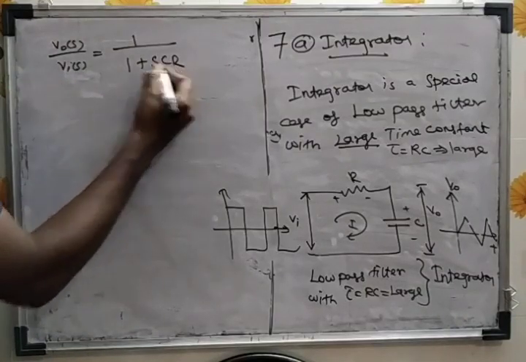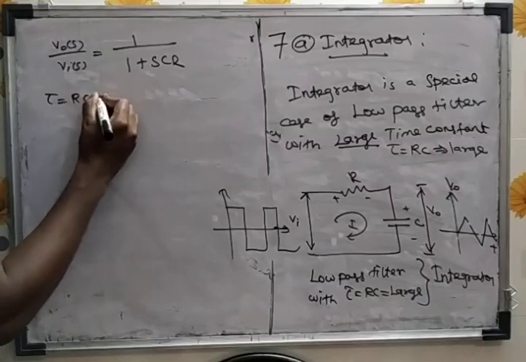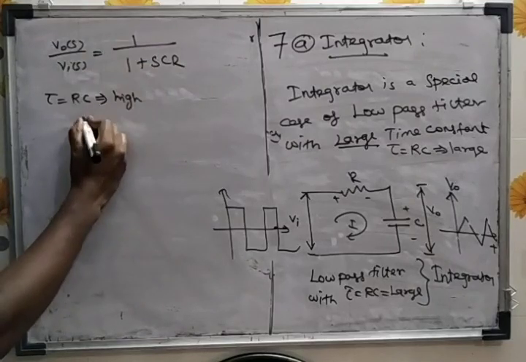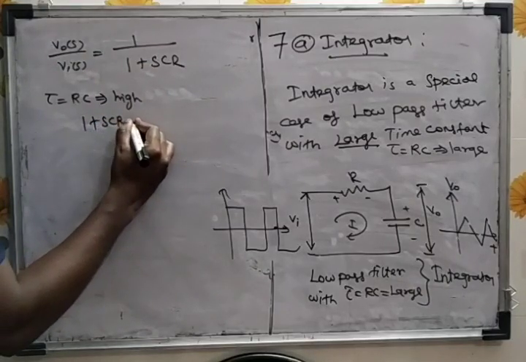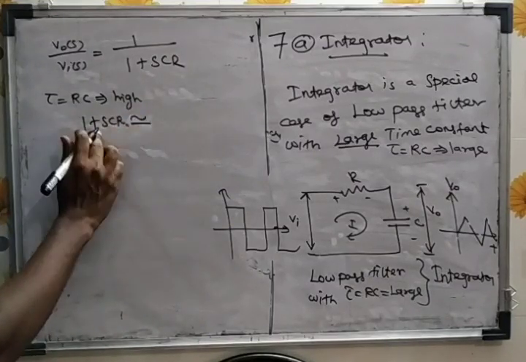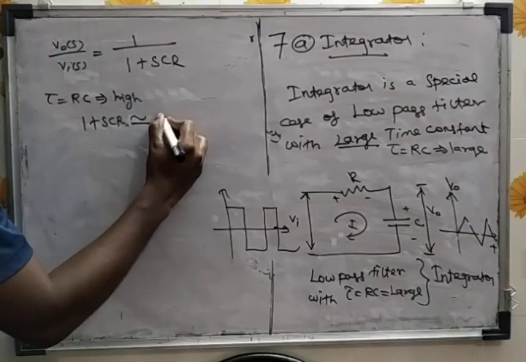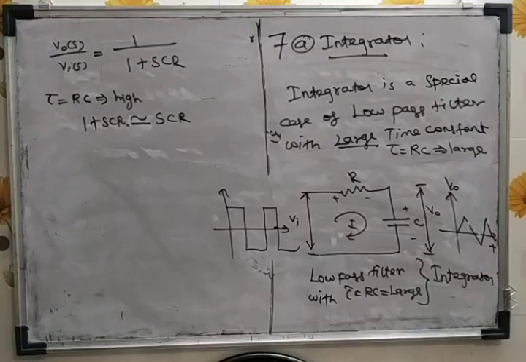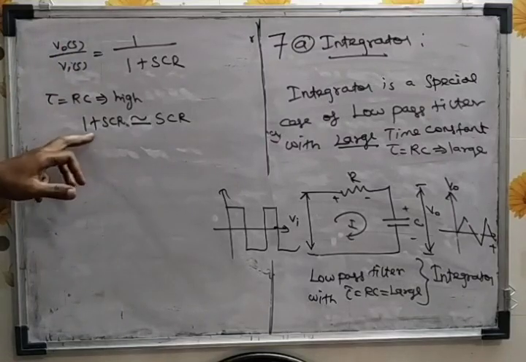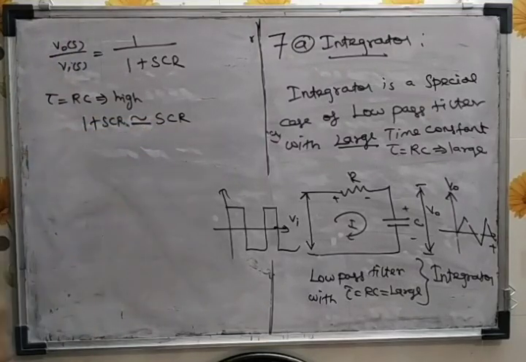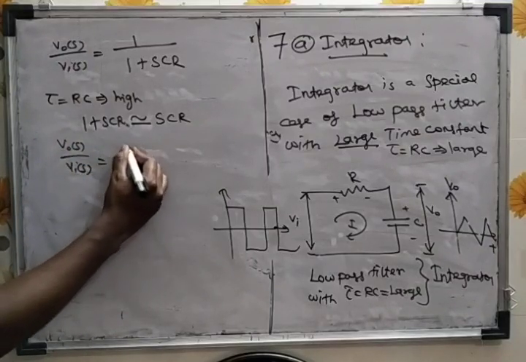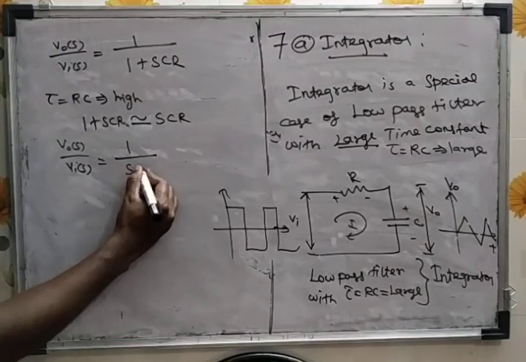If we assume tau equal to RC is high, RC is very much greater than 1, so we can approximate 1 plus SCR as SCR. So V0 of S by VI of S equals 1 by SCR.